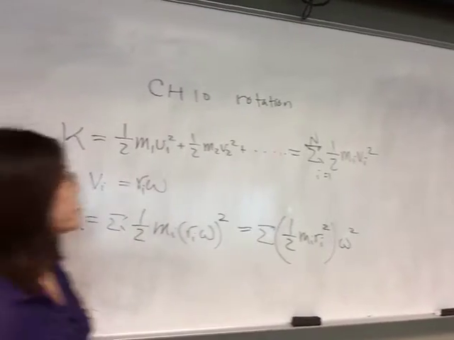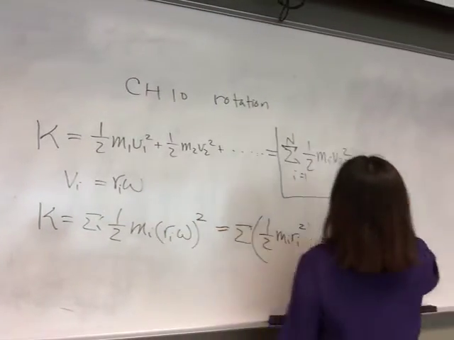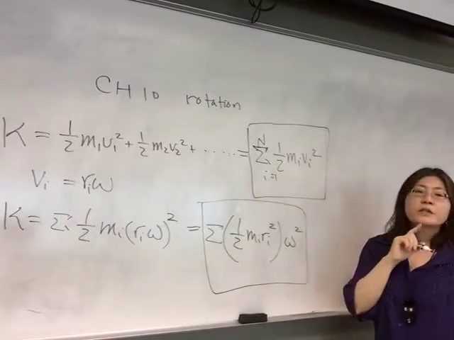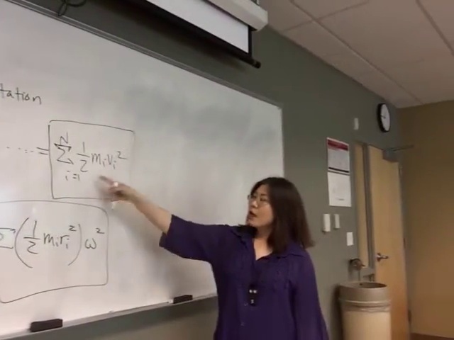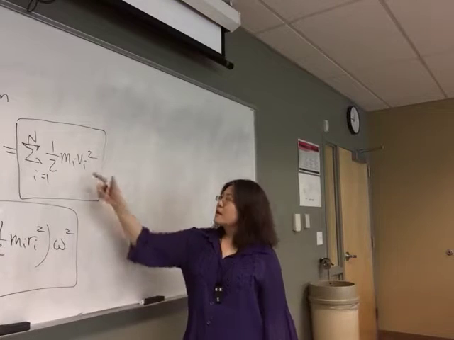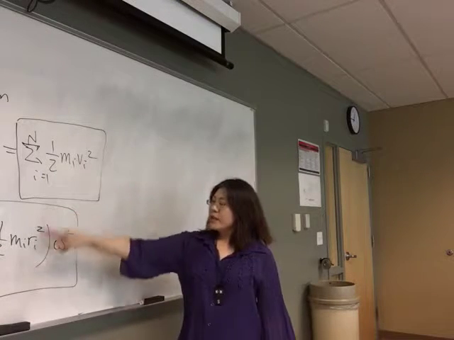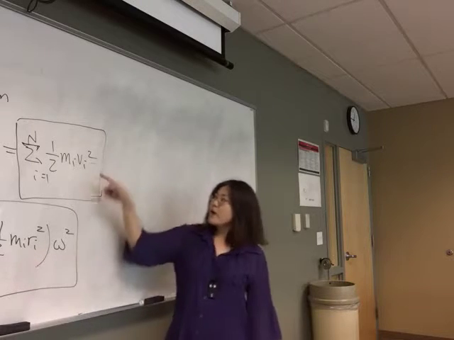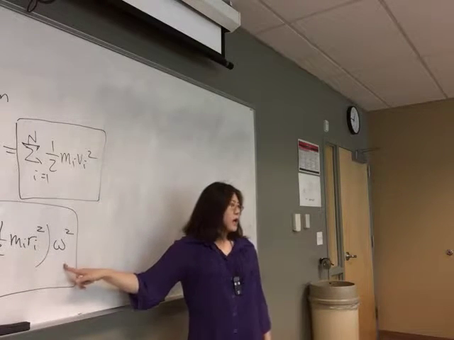Now let's compare this and this. They look very similar to each other. They all have 1/2. They have mass i, but then this is the mass i times the radius squared. And then you have the v squared, you have the omega squared.